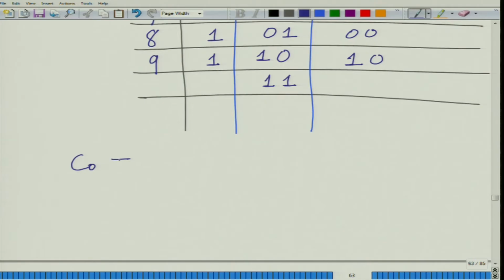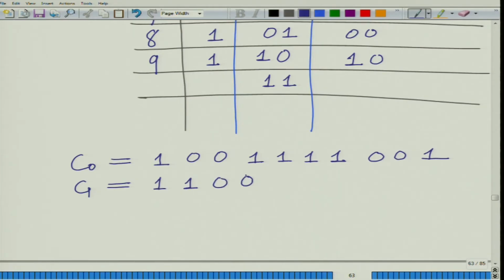C0 equals 1 0 0 1 1 1 1 0 0 1 and C1 equals 1 1 0 0 0 1 1 1 0 0, and you should be able to check, correct.